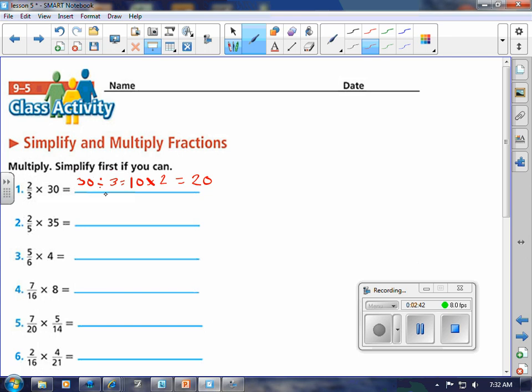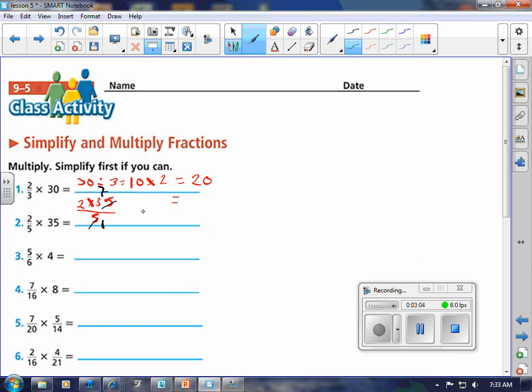We're going to go 2 times 35 over 5, which is the same thing as simplifying, and I can get rid of this 5 and this 35. The 5 becomes a 1, the 35 becomes a 7.